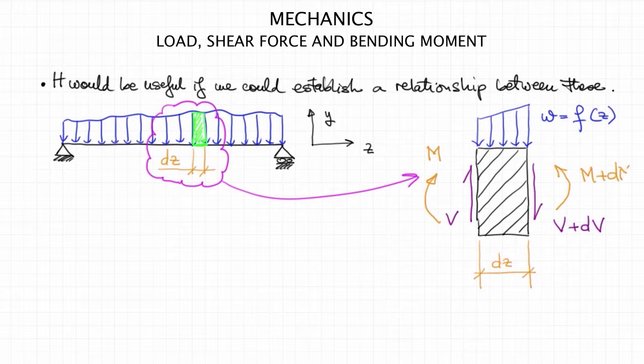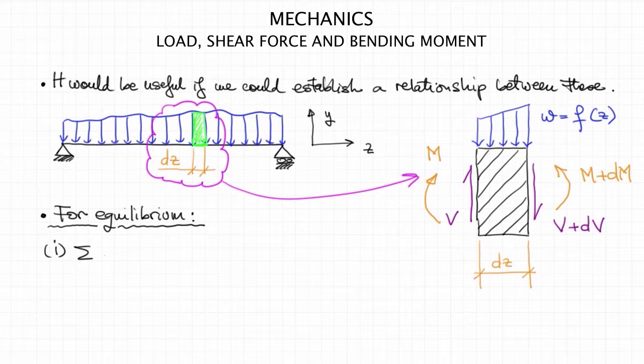The values of these internal forces are M and V on the left hand side, and then the same values plus a change on the right hand side. So the shear force will be equal to V plus dV, a change in the shear force, and M will be equal to M plus dM, a change in the bending moment.